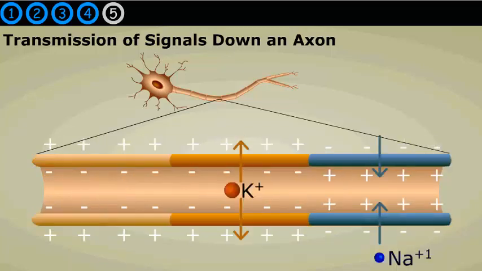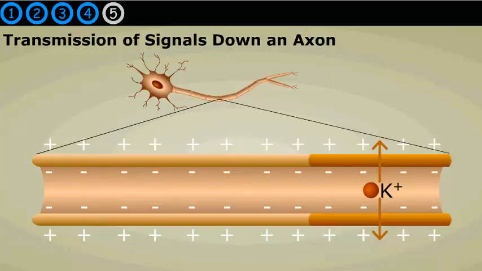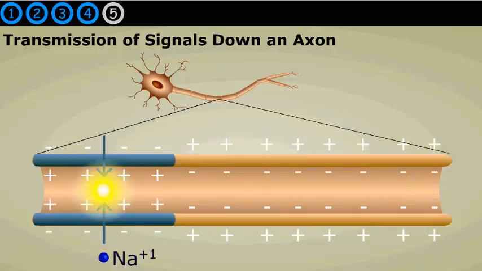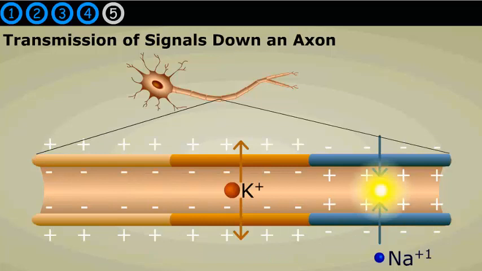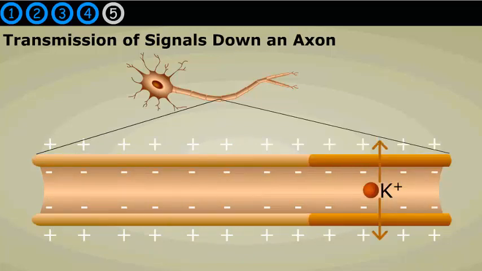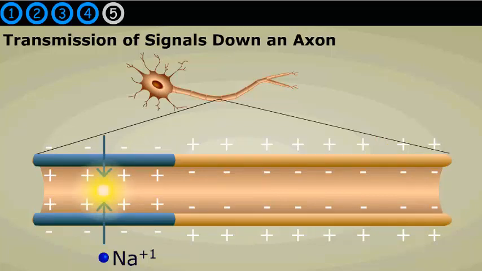The voltage-gated sodium ion channels in a particular part of the axon will close after a brief time, but the voltage-gated sodium ion channels of the next part of the axon will be stimulated to open because the local potential now exceeds the threshold potential.